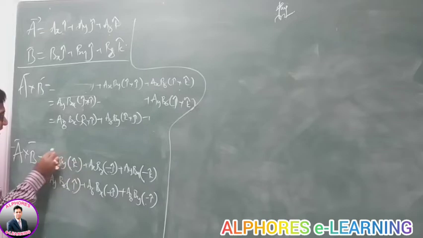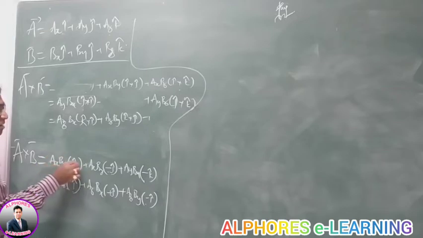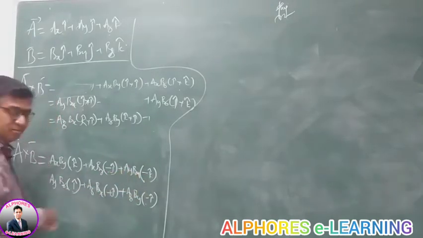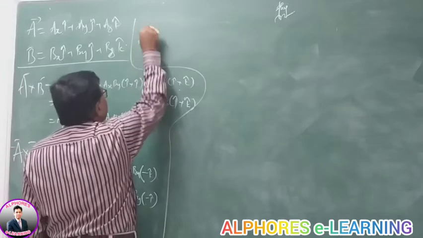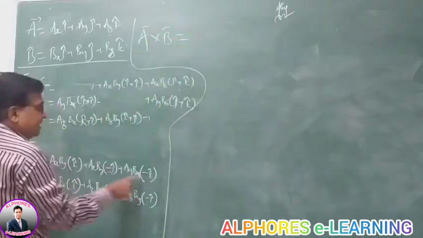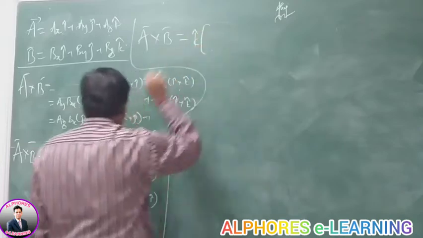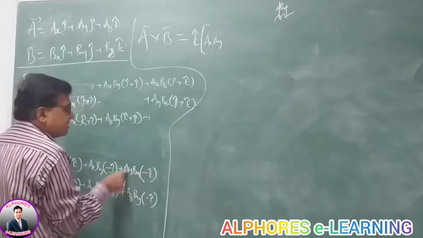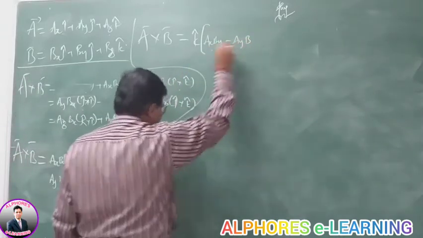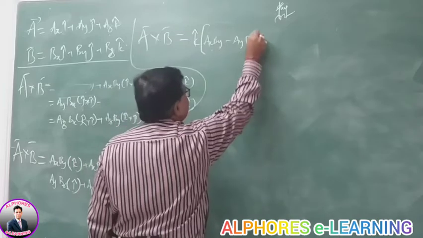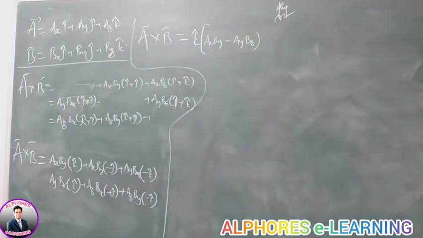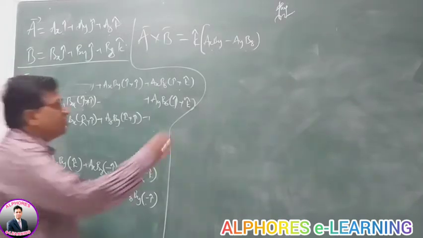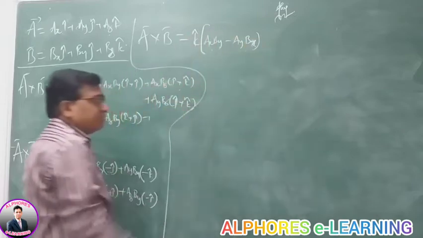Now you see here it is ax by k cap, and ay bx minus k. So writing these two, a cross b is equal to, from these let's take k common: ax by, and this is minus, so minus ay bx.